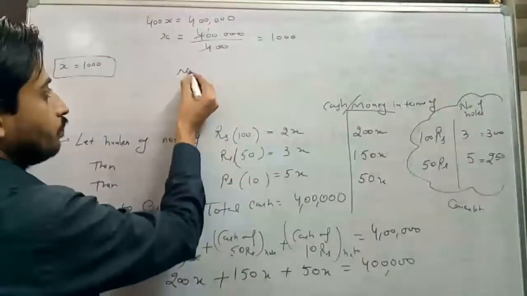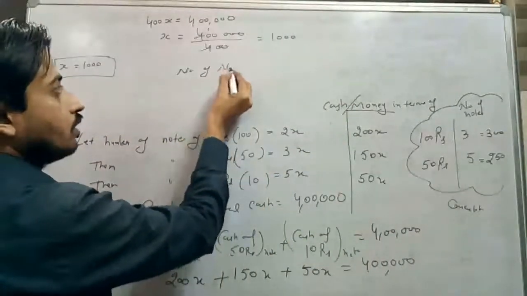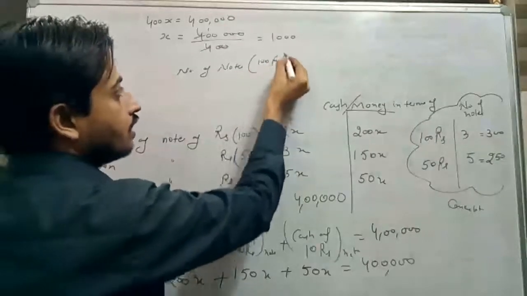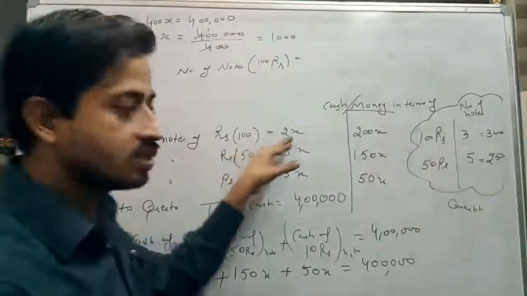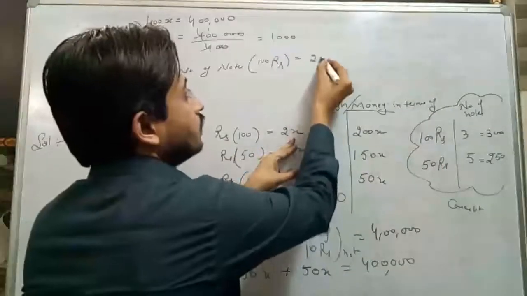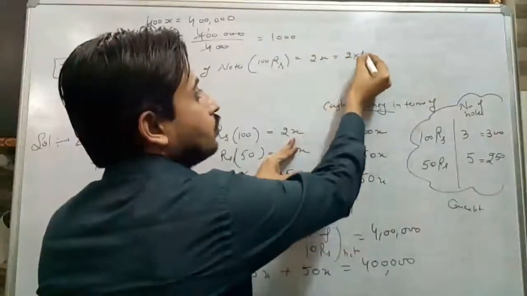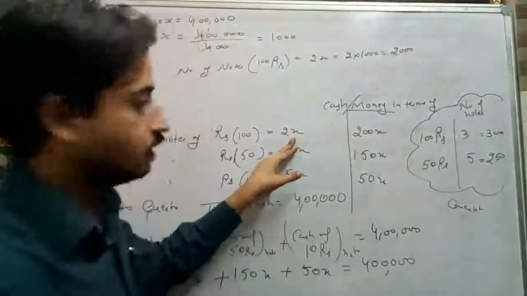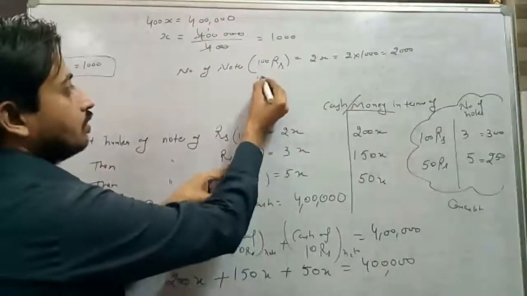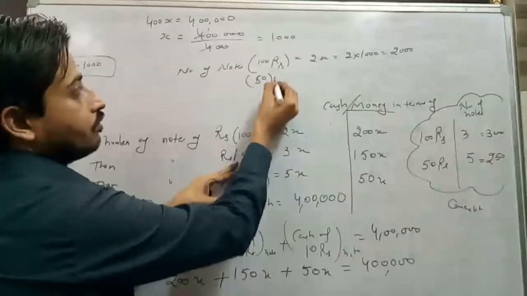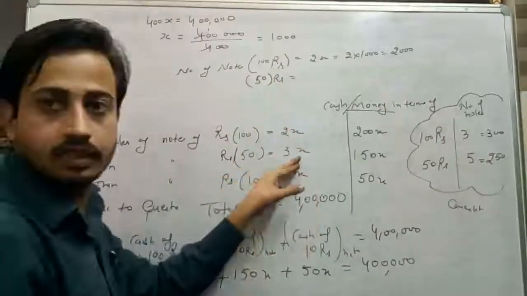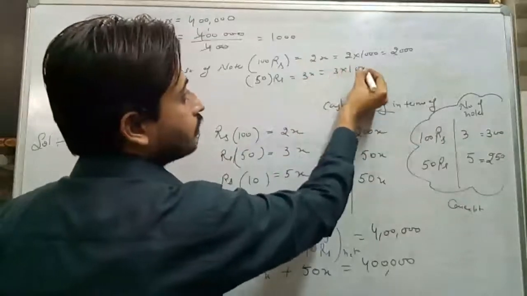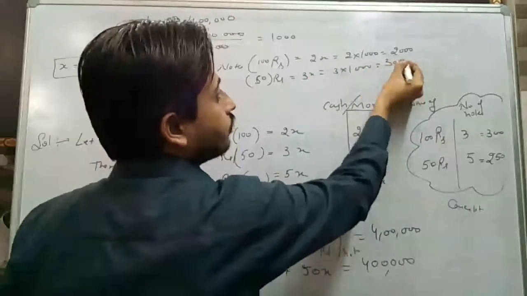So the number of notes. Firstly, 100 rupees notes is 2x, which is 2 into 1000, so the answer is 2000. Next, 50 rupees notes is 3x, so 3 into 1000 is 3000.